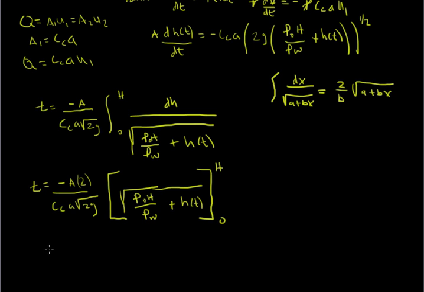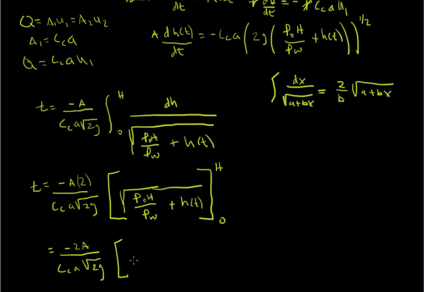In a final step here, we can say negative 2A, and I'm going to multiply that by the quantity.